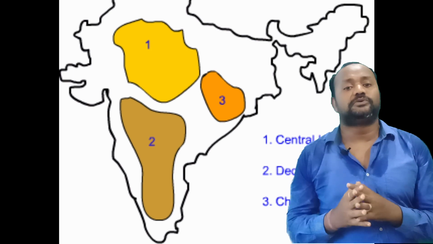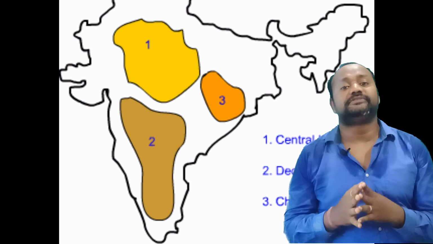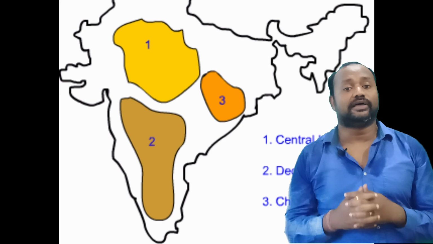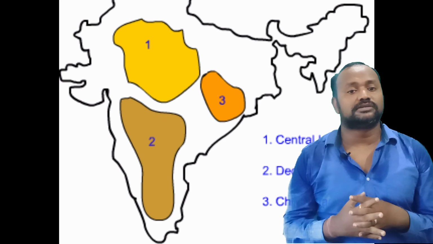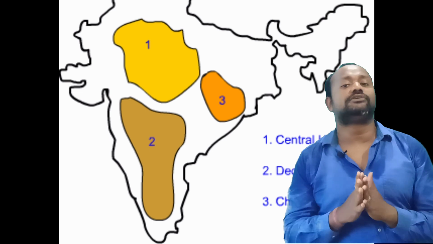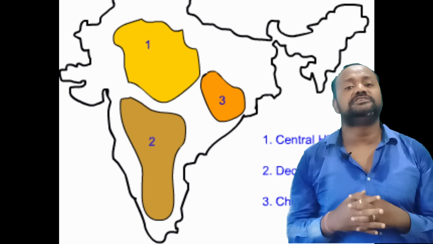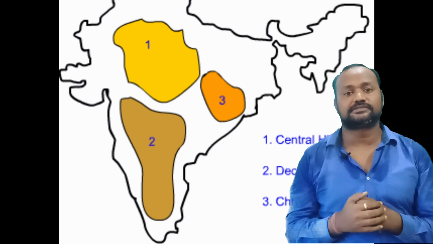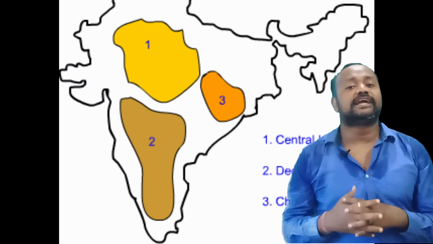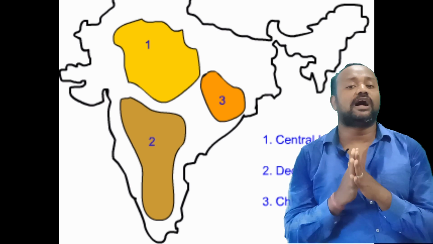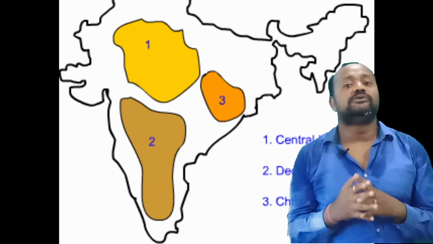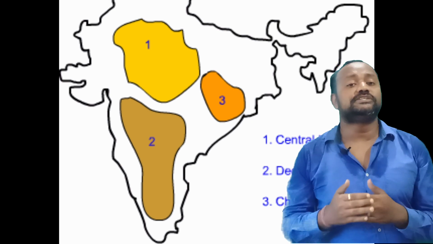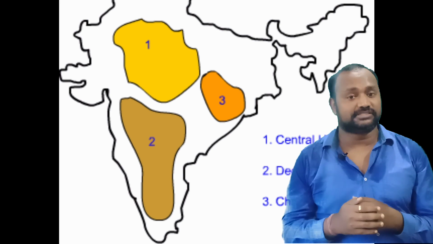First and most important, it has black soil, and black soil is good for growing cotton. Not only cotton, it is also very ideal for growing a variety of crops. Next, the Deccan Plateau is an old landmass, and here we can get deposits of various kinds of minerals.